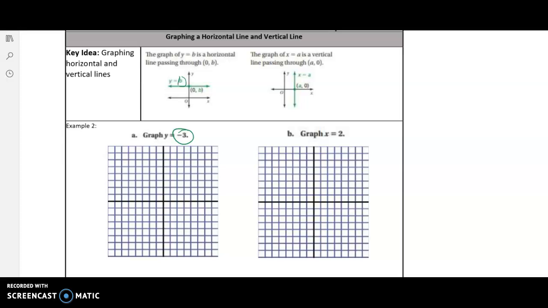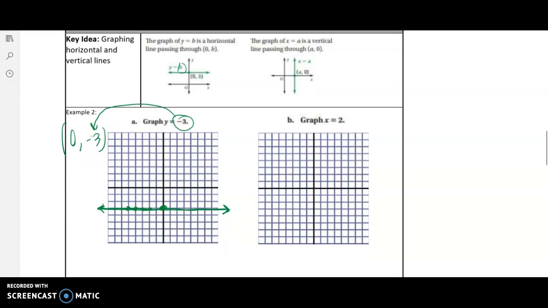So your first point is always going to be 0, comma, whatever that number is, so -3. So go down 3, and then no matter what, it's always going to be -3, so it's going to be a horizontal line. No matter what point you're at on the line, it'll always be -3.